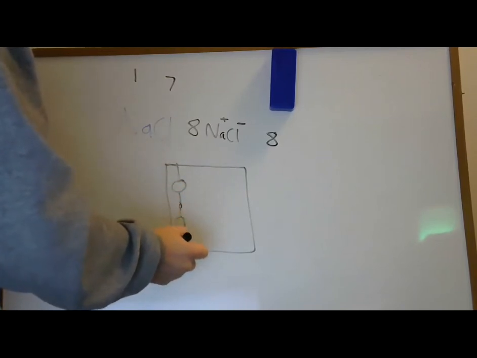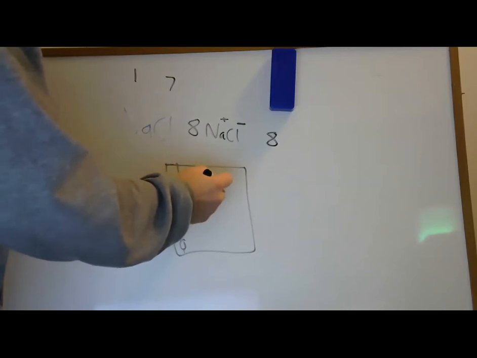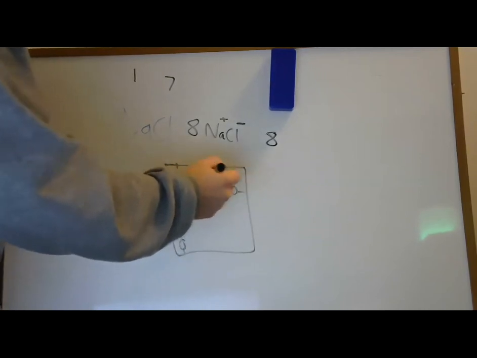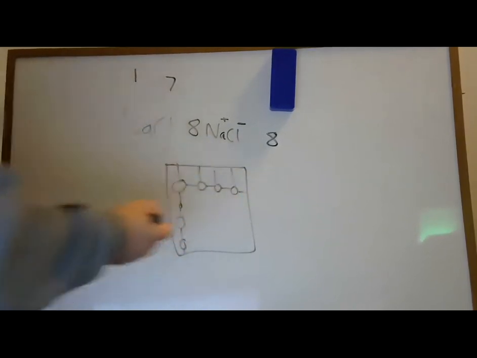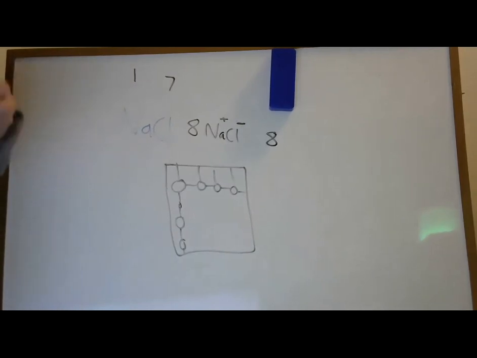I mean, you guys know my artwork isn't great. Pretty sure there's a picture on the next slide. There you go. So sodium and chlorine, they make this ionic lattice. And that is why some ionic compounds will form salts and crystals, like sodium chloride does, and others don't.